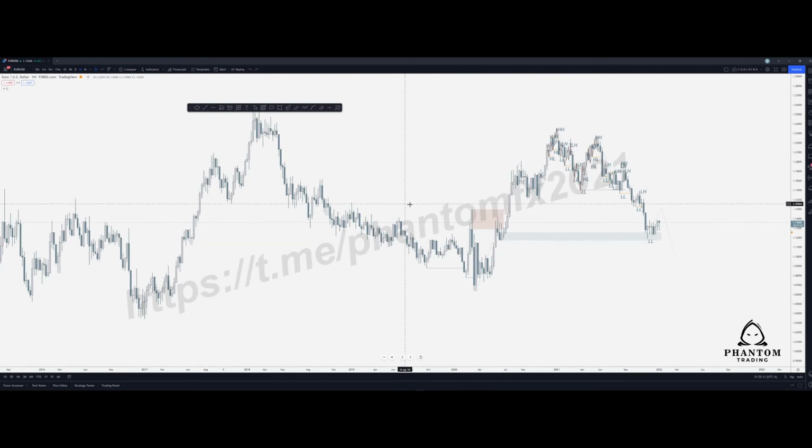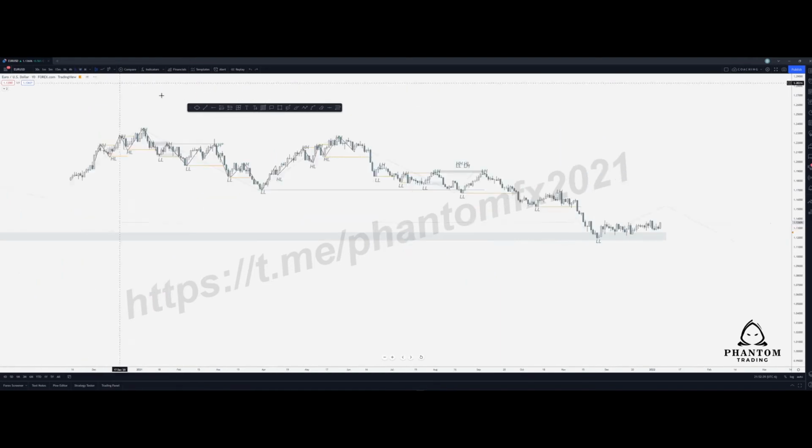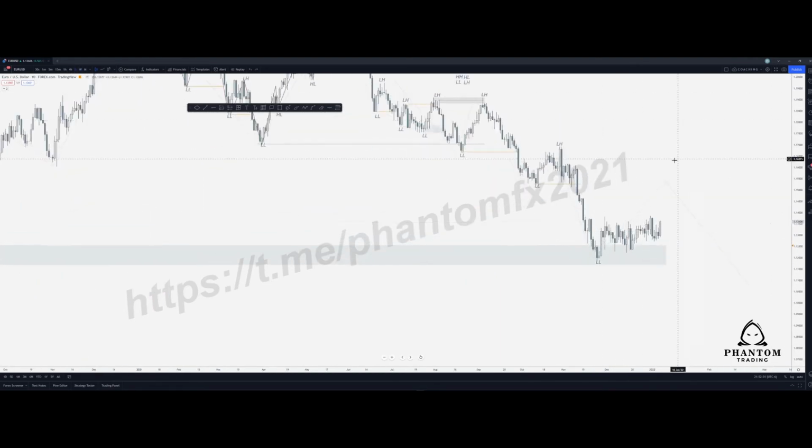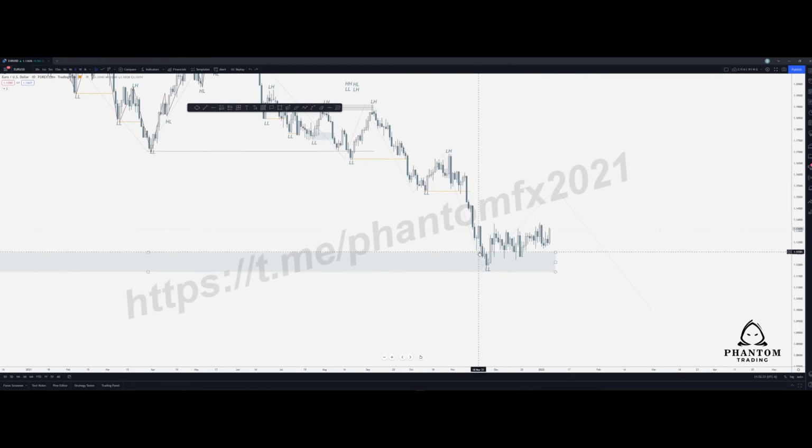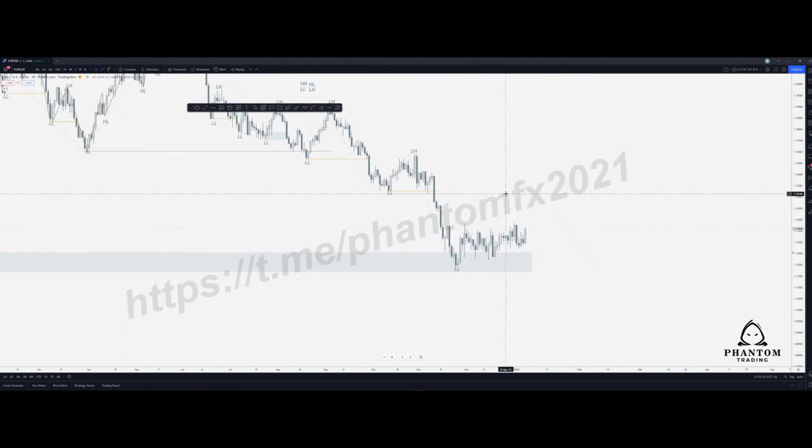So price came down, it was bearish. Now it should have given us a lower low here, right? That's the expectational order flow. It failed to do so, it reacted, it pushed higher, and now it's come right back into this reaction zone. And I think that's why price is more or less flopping around here, because there's a very good chance it's going to run bullish.